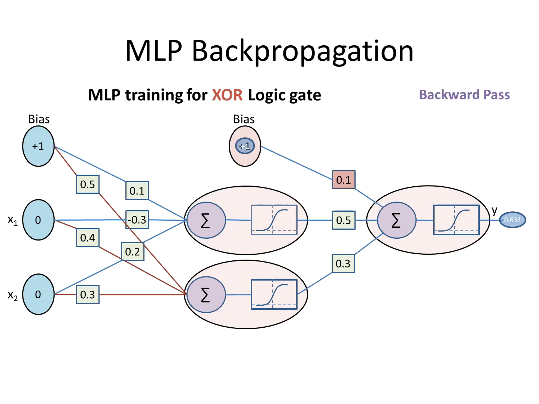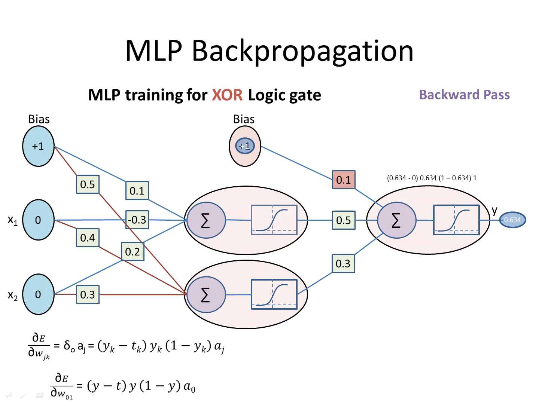So after this we'll move ahead with the backward pass, in which we'll need to modify the weights for all the layers that we have for the XOR training. Here with this formula, first we will get the gradient descent with respect to weight. For the first weight, that is 0.1, we will modify it accordingly. The output that we received in the initial stage was 0.634, and we needed the target as 0, but we received 1 there.